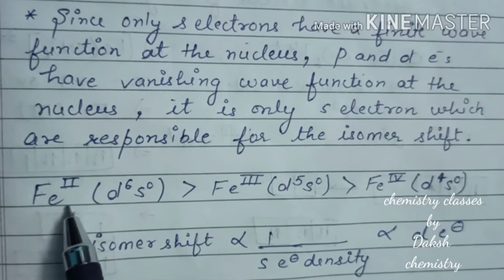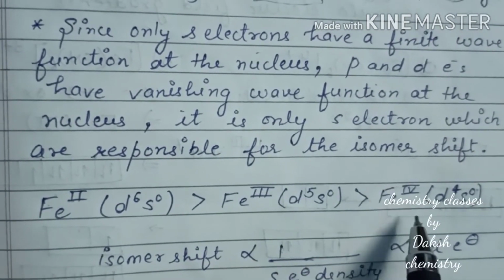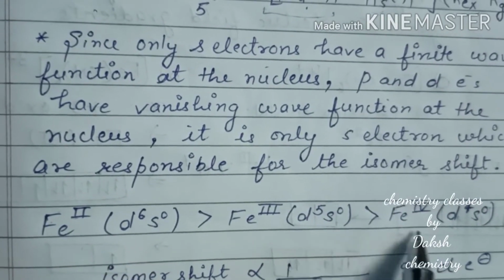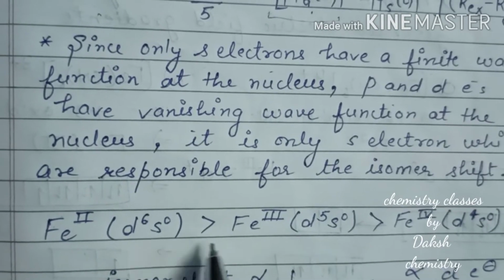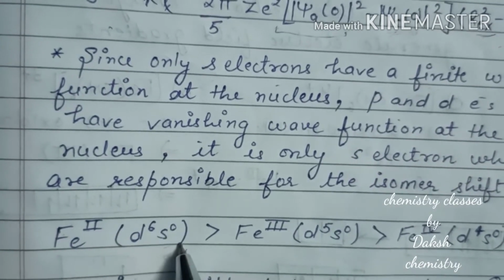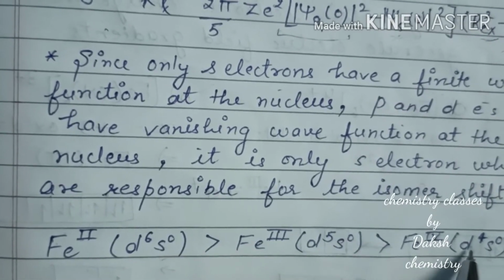See, Fe in plus 2 oxidation state, plus 3 oxidation state, and plus 4 oxidation state. In all three states, the s electron density is 0, but the d electron density varies.